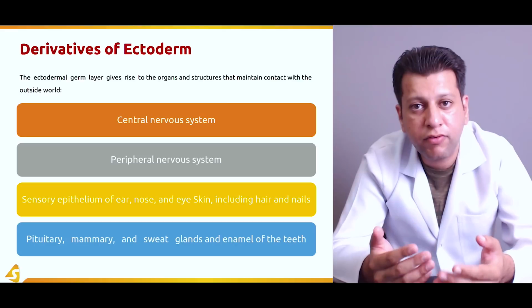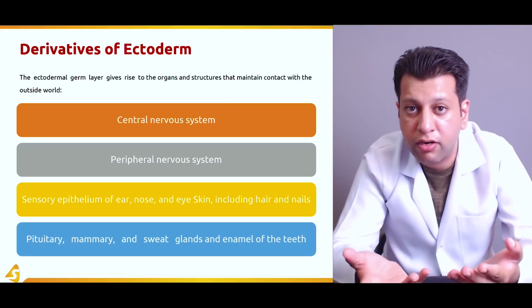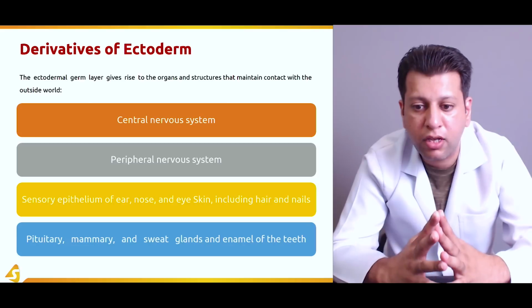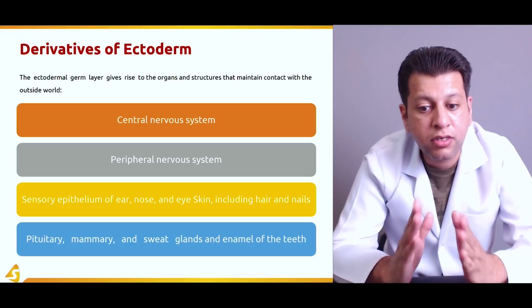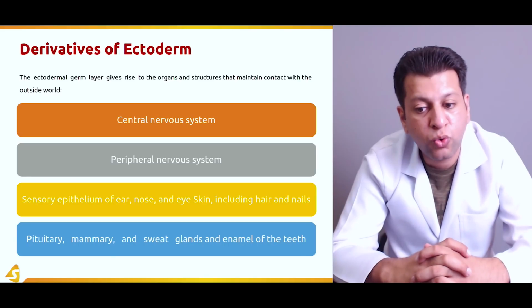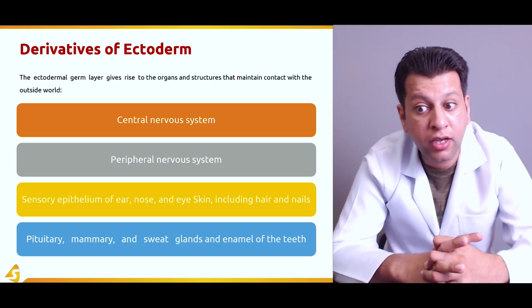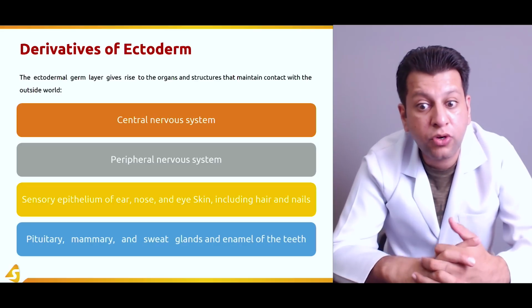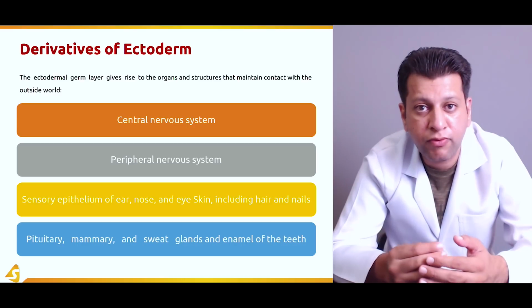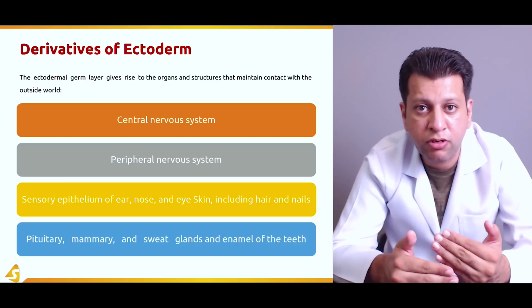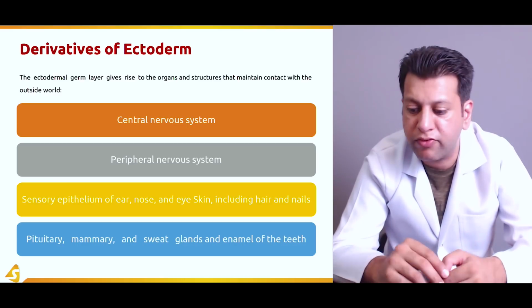All the derivatives of neural crest cells are also derivatives of ectoderm. For example, central nervous system, peripheral nervous system, sensory epithelium of ear, nose, and eye, and skin, including hair and nails, pituitary, mammary, and sweat glands, and enamel of the teeth. The odontoblasts, which have migrated and formed from the neural crest cells, eventually lead to the enamel of the teeth.